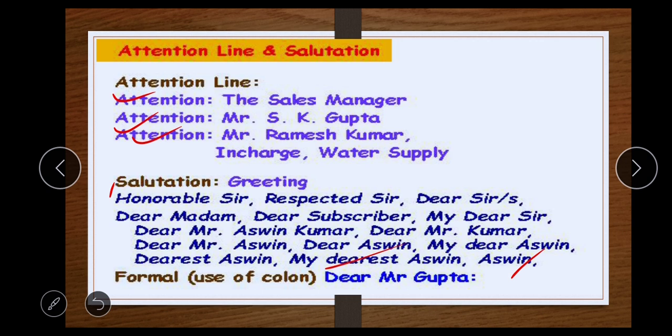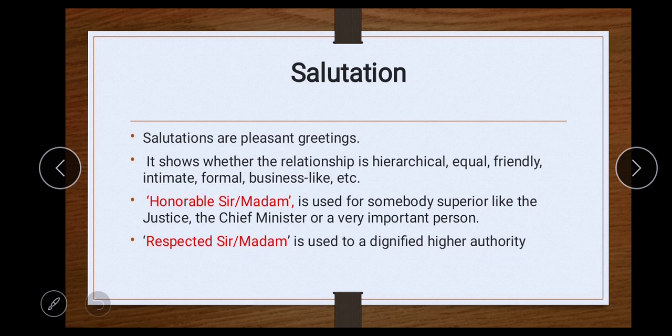Honorable sir, respected sir, this is at the formal level. Dear subscriber, my dear sir, dear Ashwin, my dear Ashwin, dearest Ashwin, this is the informal. And my dearest Ashwin and Ashwin, it comes to the intimate level. As mentioned in the previous slide, salutations are pleasant greetings.